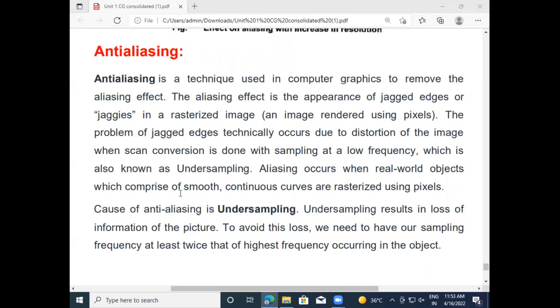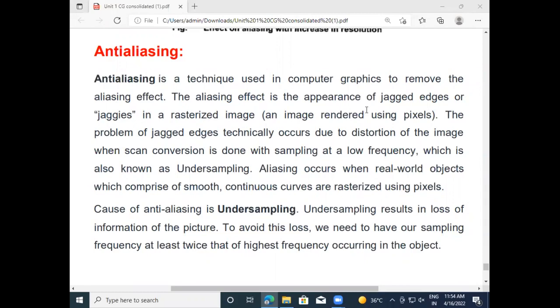Whatever effect we saw previously, if you want to remove it, we have to use the anti-aliasing technique. The aliasing effect is the appearance of jagged edges or jaggies in a rasterized image.